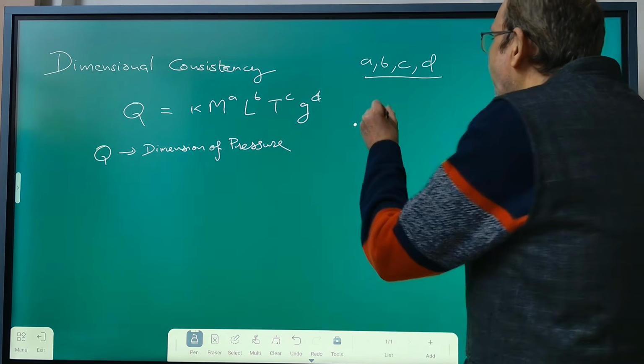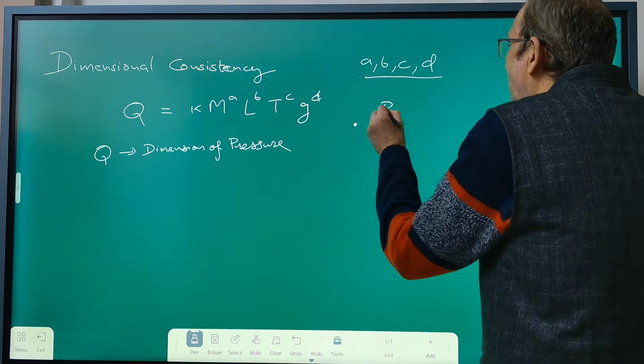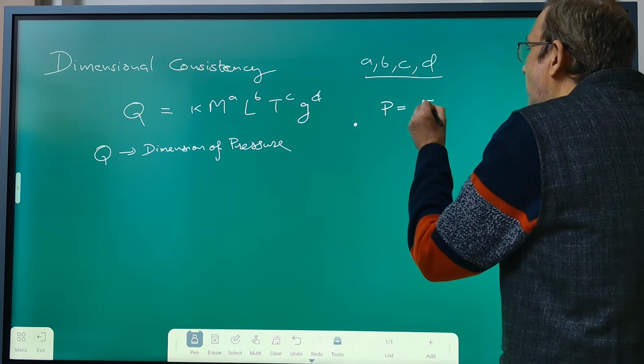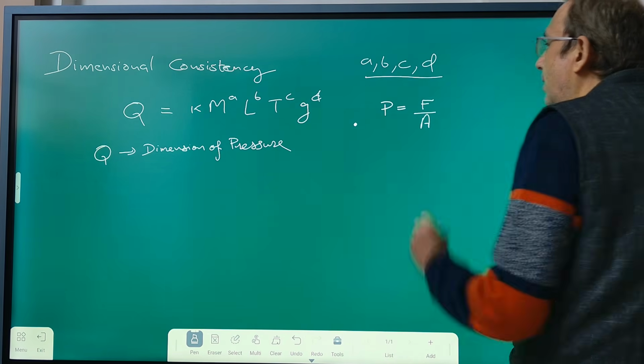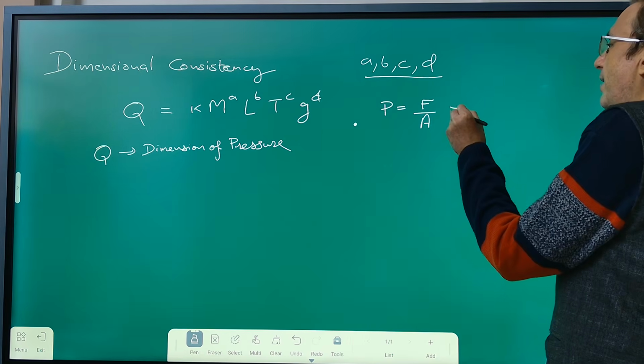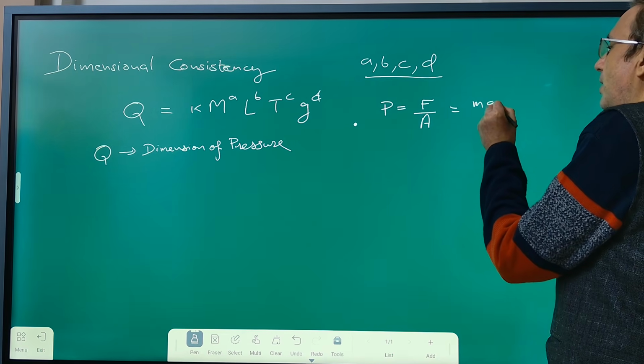So what is pressure? You know pressure is basically force divided by area, and force is basically mass times acceleration.